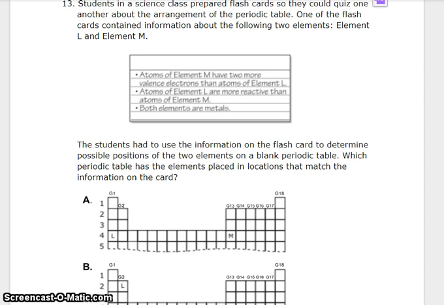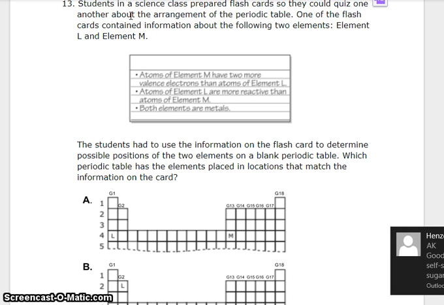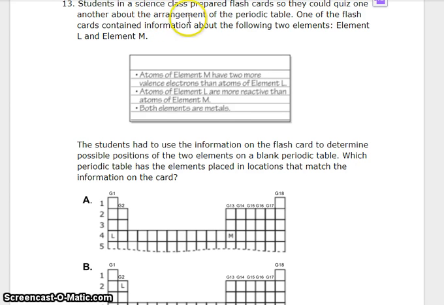Number 13. Students in a science class prepared flashcards so they could quiz one another about the arrangement of the periodic table. One of the flashcards contained information for the following two elements, element L and element M. So we have atoms of element M have two more valence electrons than atoms of element L. Atoms of element L are more reactive than atoms of element M. Both elements are metals.